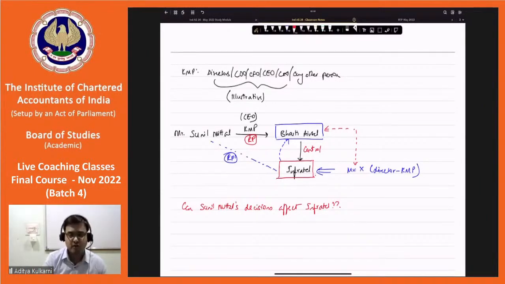But suppose we have a case where there is a decision that Mr. X has to take for Infratel. That decision, though it benefits Infratel, it's not causing a benefit to Bharti Airtel. Rather, it is creating, one second, just a minute.